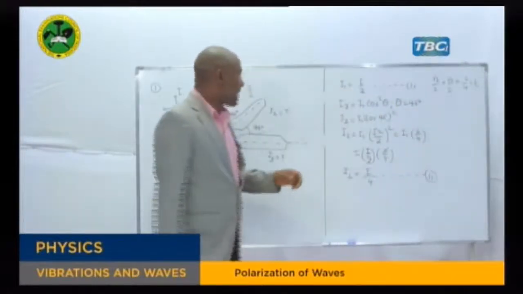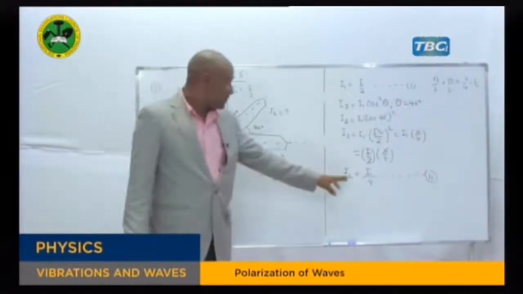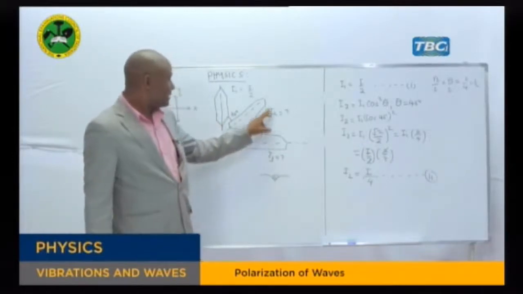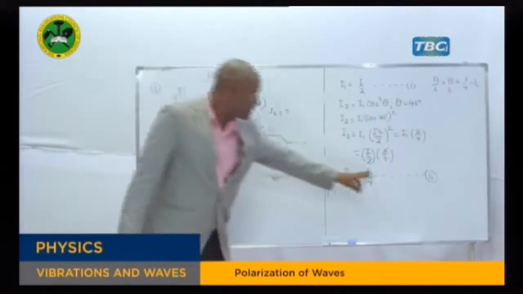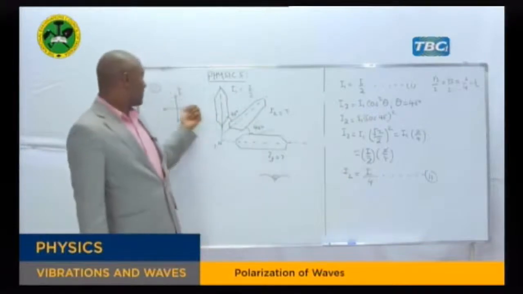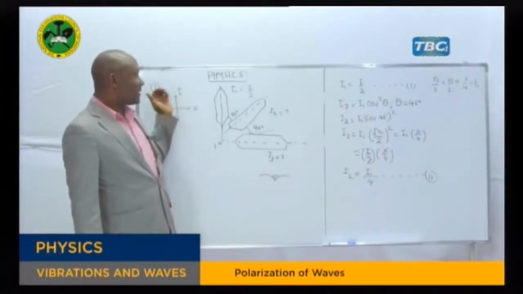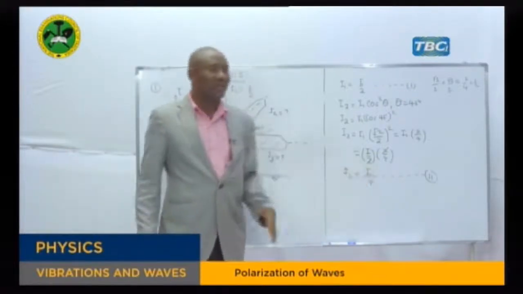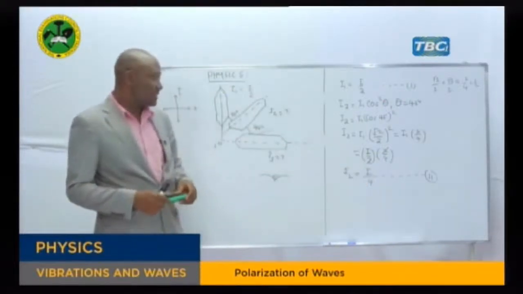So you know how much of the original intensity of the unpolarized light will be transmitted through the second polarizer. And as I said before, this can be given as I0, or any symbol you normally use to represent that intensity.